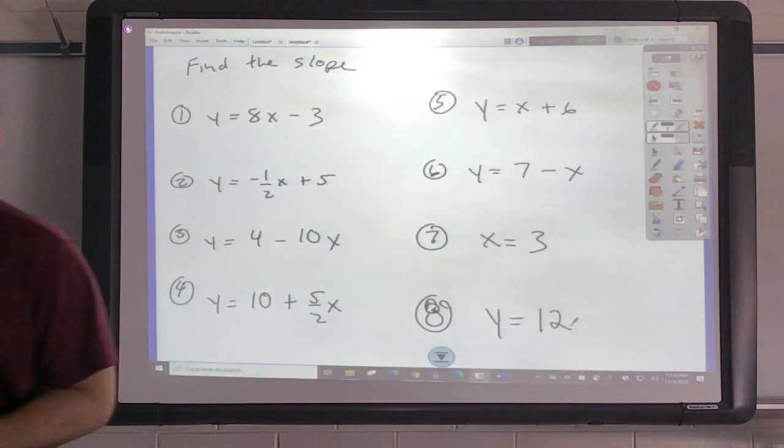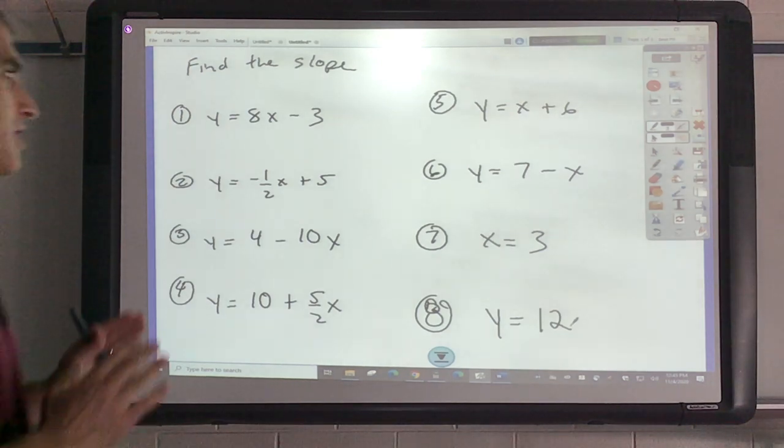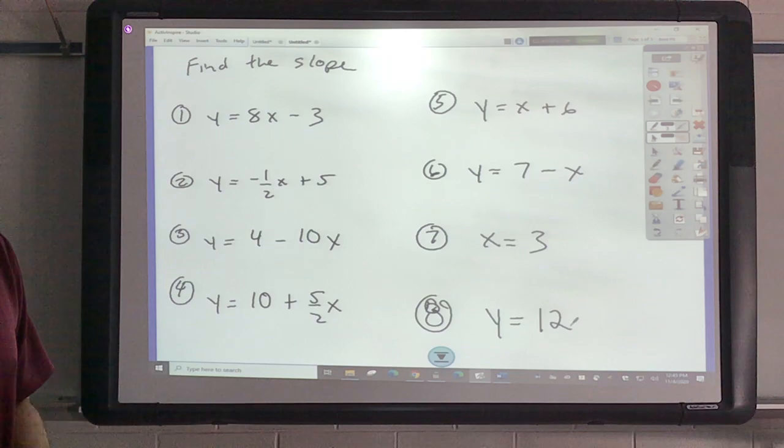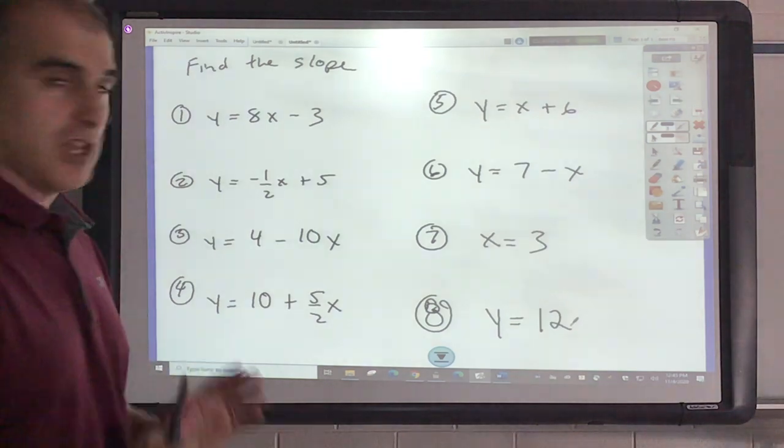Okay, so you can actually look at the equation of the line and determine the slope.